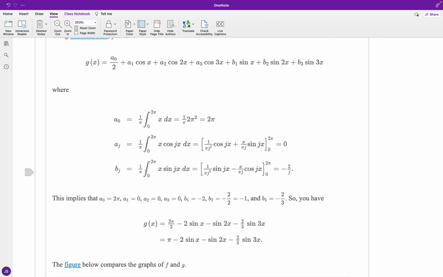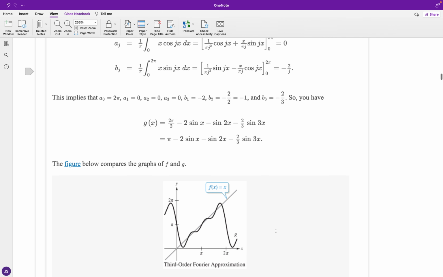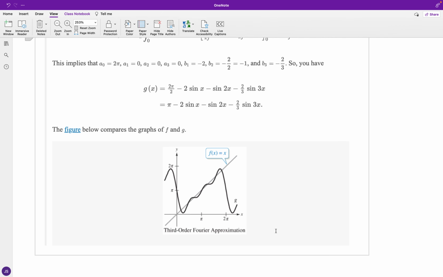But for the sine terms, with the coefficients b sub 1, 2, and 3, we're going to have negative 2 sine of x minus the sine of 2x minus 2/3 of the sine of 3x. And here we have the graphs, and it says that the figure compares the graphs of f and g.